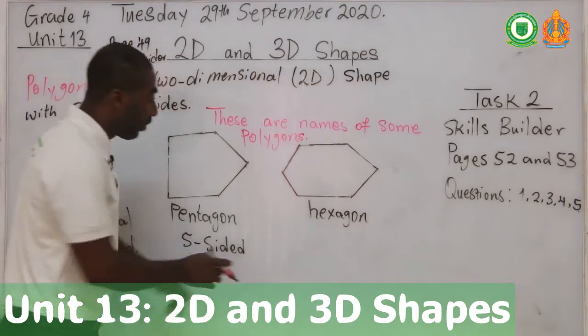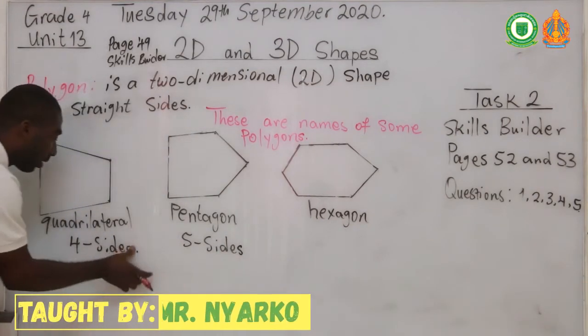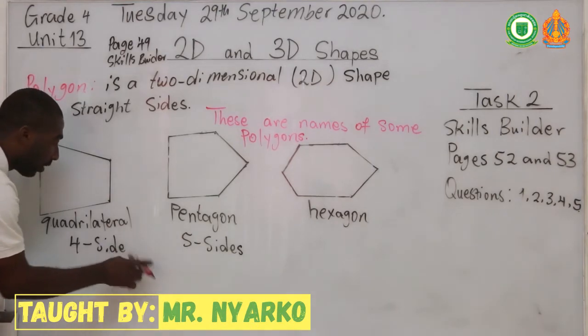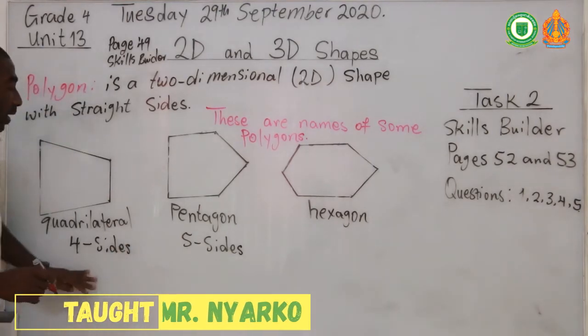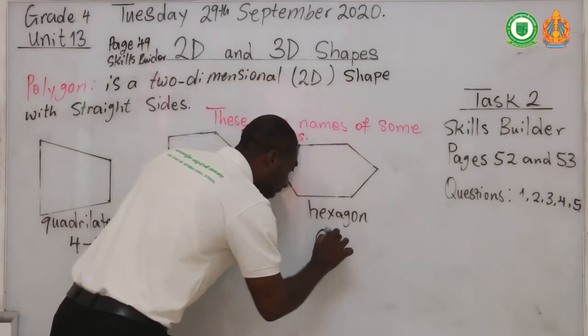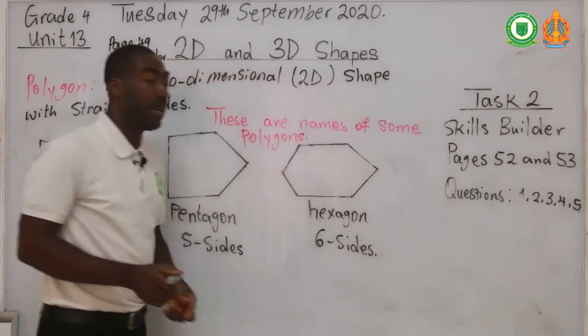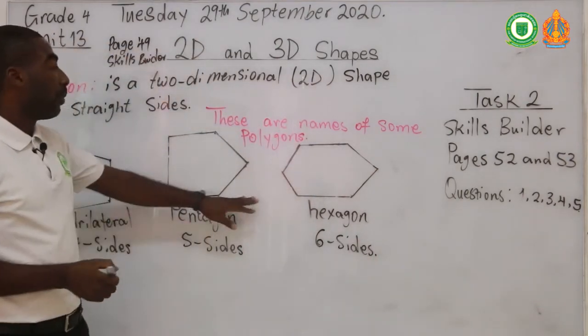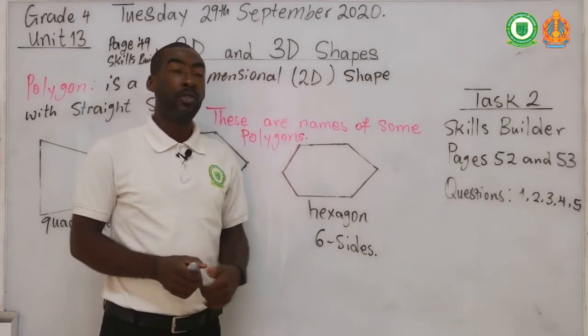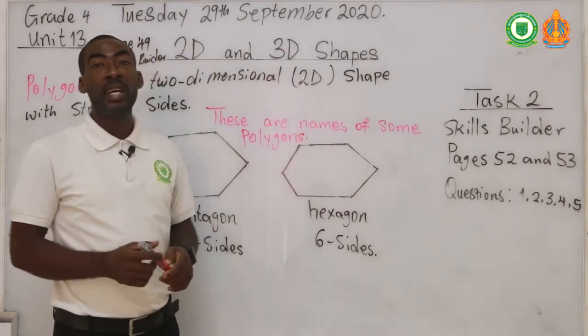So if this can confuse you, you can clean this one and put here so that you don't get confused, okay? So we have 4 sides, 5 sides, and then this will give us 6 sides, okay? So in your book, the list will continue for you to know the other names of polygons that we have.